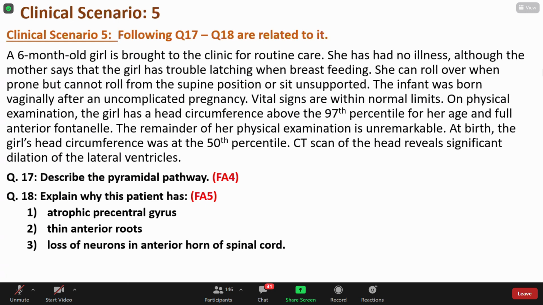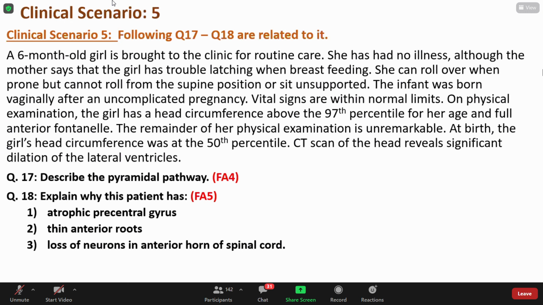Okay, so after the corticospinal tracts originate from the cortex, they will merge together and descend through the internal capsule. Then after passing through the internal capsule, they pass through the front part of the midbrain.